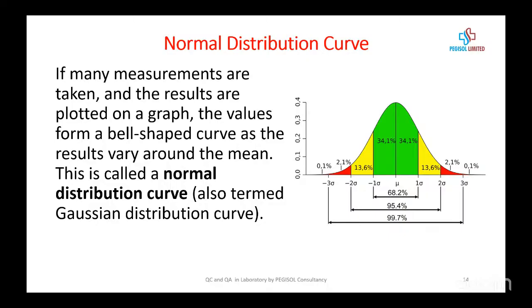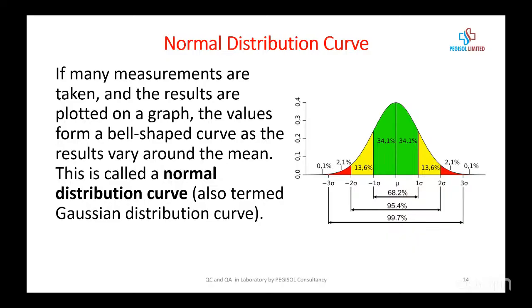So this is called a normal distribution curve, or what we call the Gaussian distribution curve. Like you can see on this curve, the mu is the mean. We have the plus one standard deviation, minus one standard deviation, plus two standard deviation, minus two standard deviation, plus three standard deviation, and minus three standard deviation.